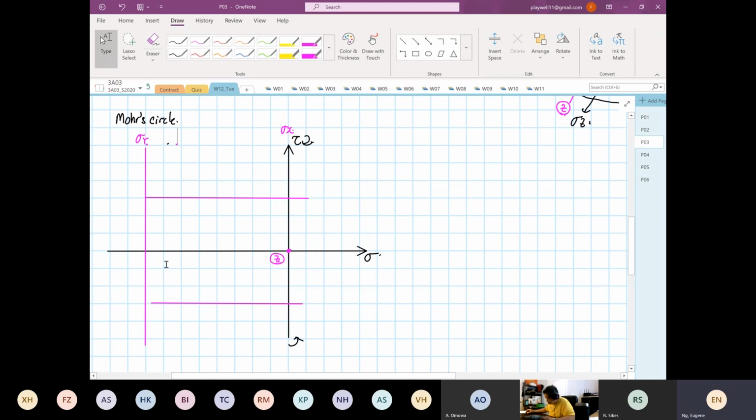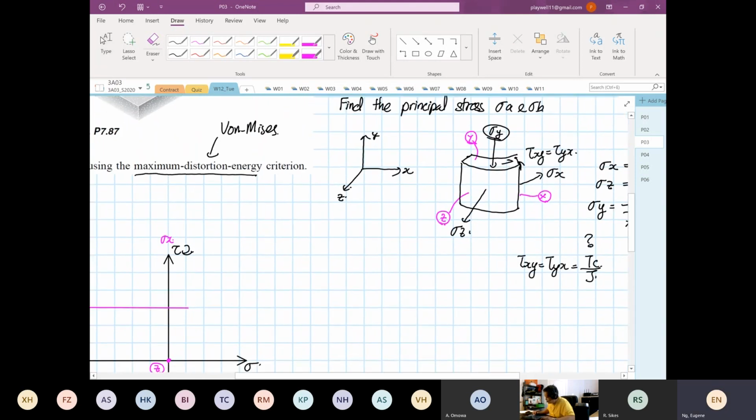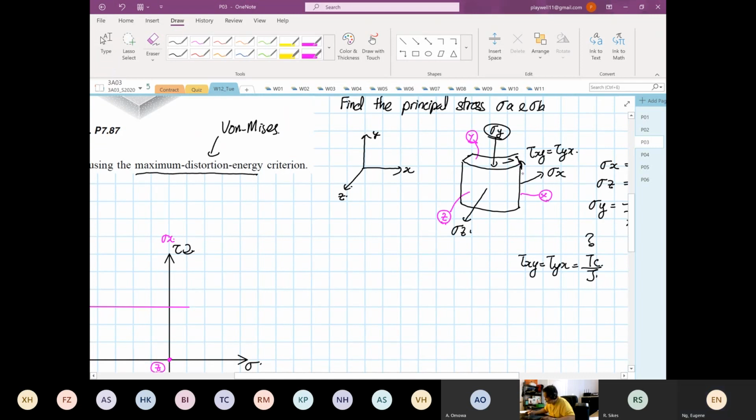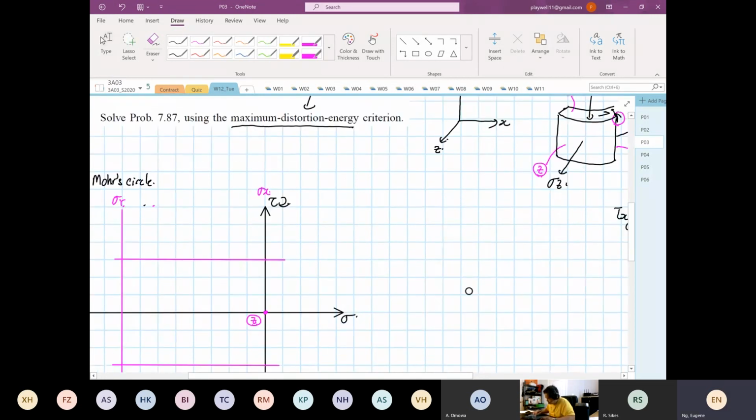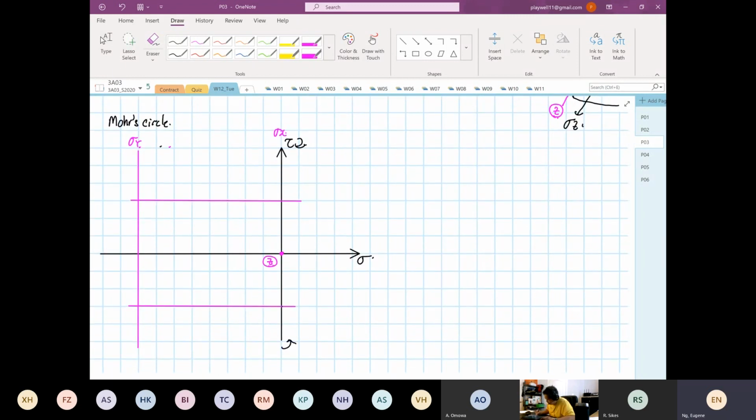Okay, so based on the rotation of the element, right, we want to see, so we have stress X, at point X, the element is going to rotate anti-clockwise. So this is our point X, and this is our point Y. Okay, again, this is just a sketch. Okay, so this is our Mohr circle.